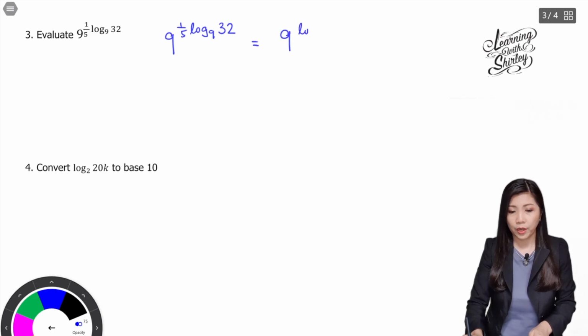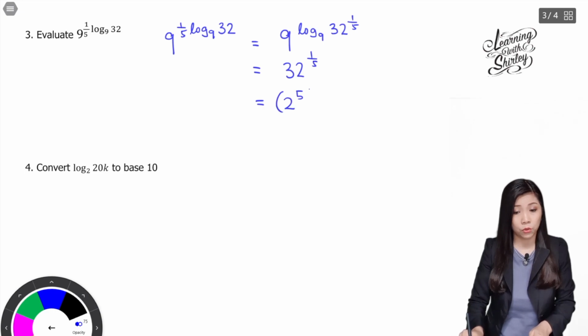I can bring up the 1 over 5, becoming log 9 of 32 to the power of 1 over 5. So it equals 32 to the power of 1 over 5, according to the law of logarithms. Since 2 to the power of 5 is 32, with the bracket 1 over 5, we can cancel off the 5 and 5, so it equals 2.